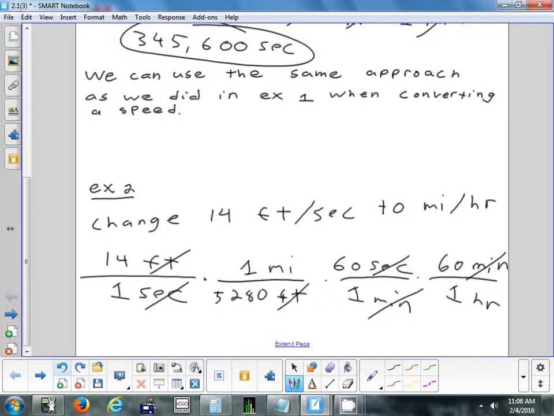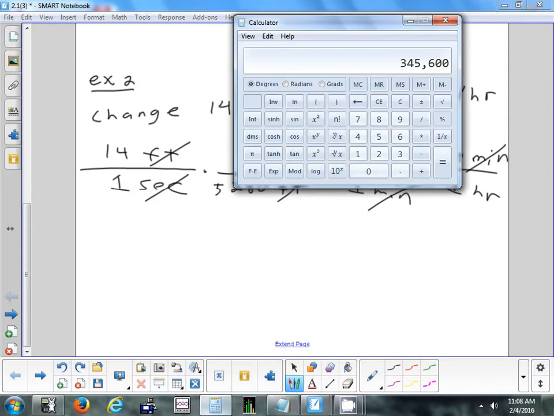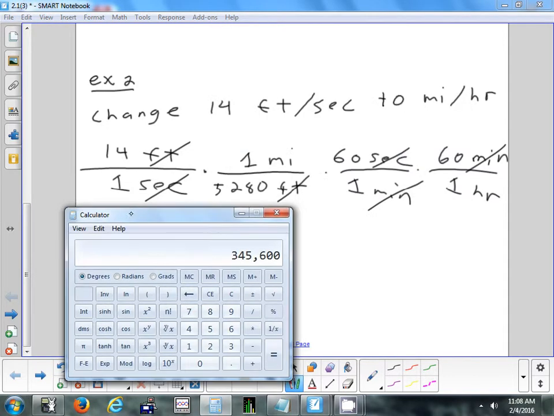Now just multiply all that out straight across. So we've got 14 times 1 is just 14, times 60, times 60 again. And now divided by 1, 5,280, 1, and 1. So just divide by 5,280.